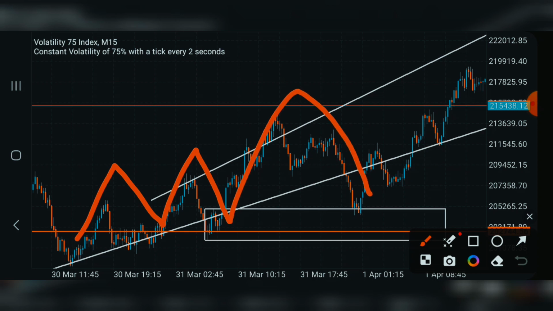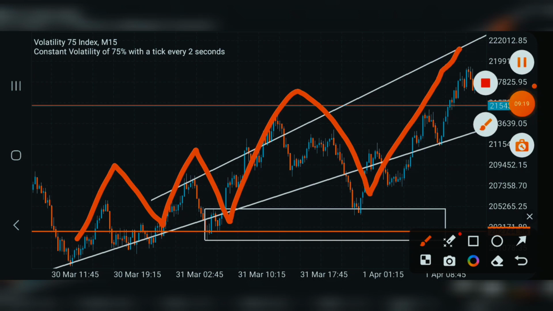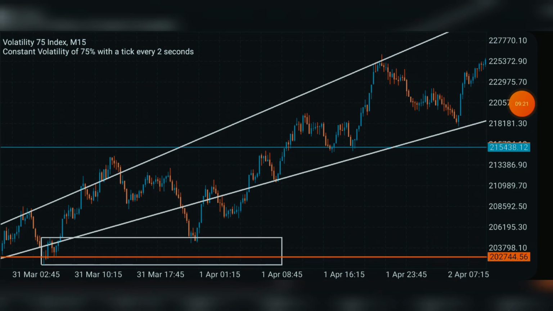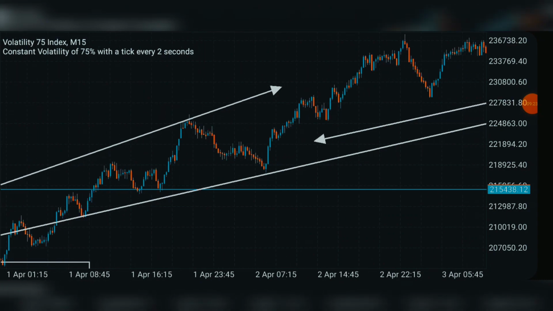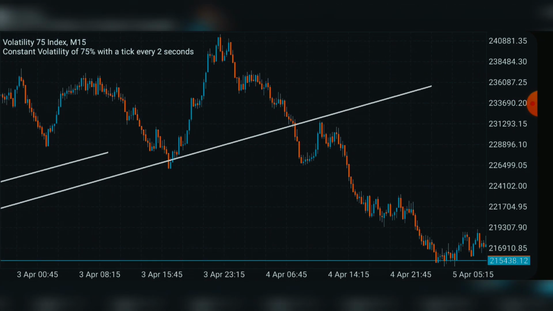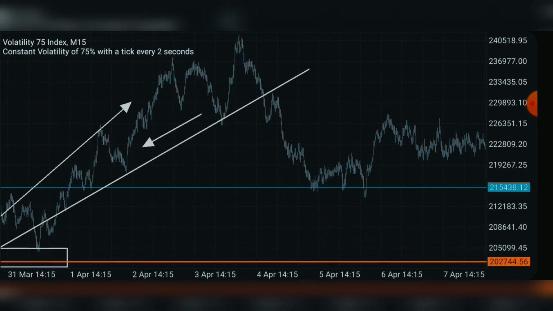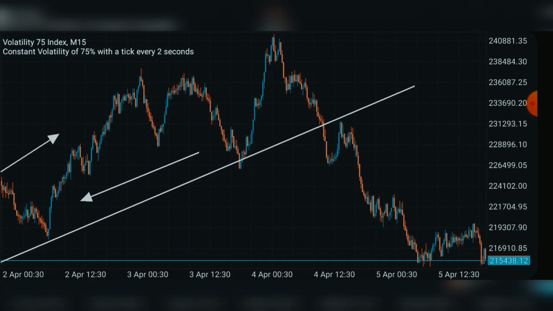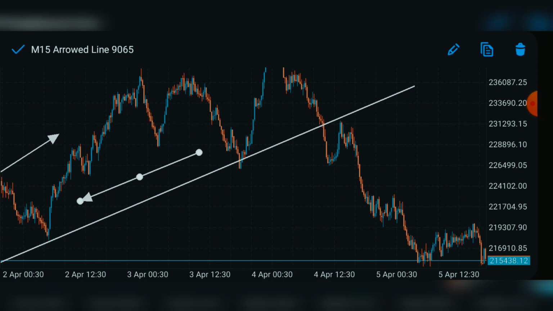Yeah, it broke the trend line slightly, but then it came back into character and it went up. If we really take a look at this, we can see overall that it basically followed the trend line up until this point, right? Until it broke, and then it gave a slight retest right here.